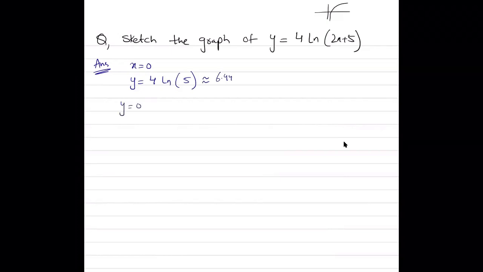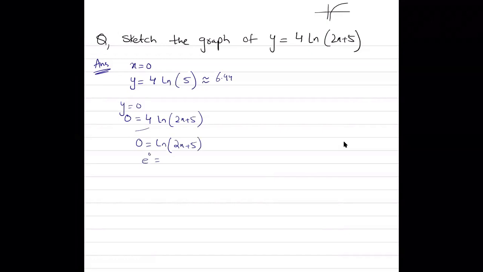So when y is 0, what is x going to be? You are going to convert it into an exponential equation. 0 divided by 4 is going to be 0, so ln(2x plus 5) equals 0.